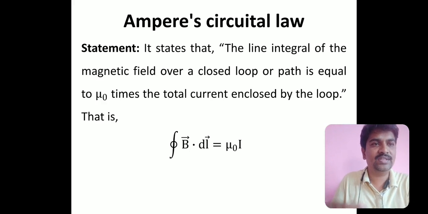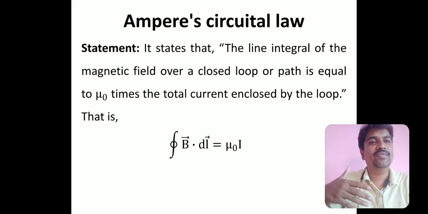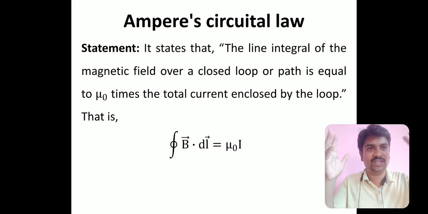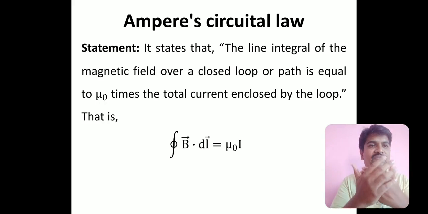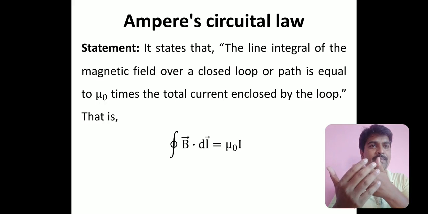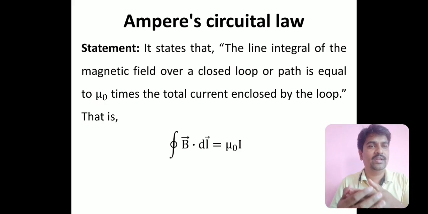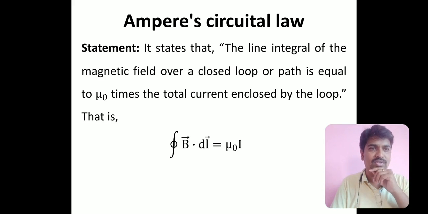So you need to consider a closed path, and you can apply Ampere's circuital law very easily. Just like I considered a Gaussian surface in electrostatics, here you need to consider an imaginary closed path, look for the magnetic field over it, and equate that to mu naught times the current enclosed in that closed path.